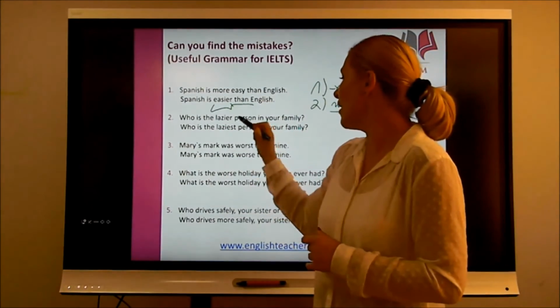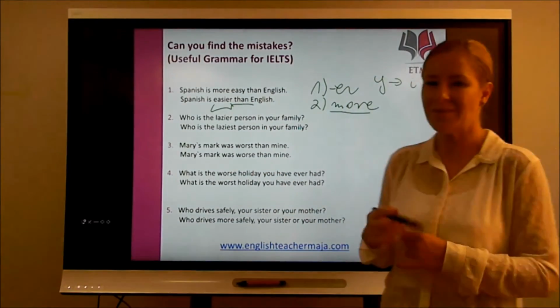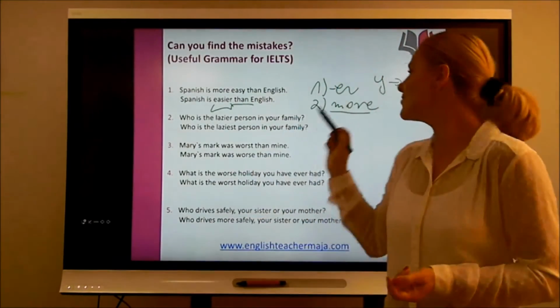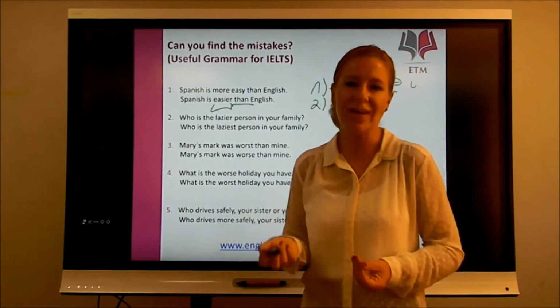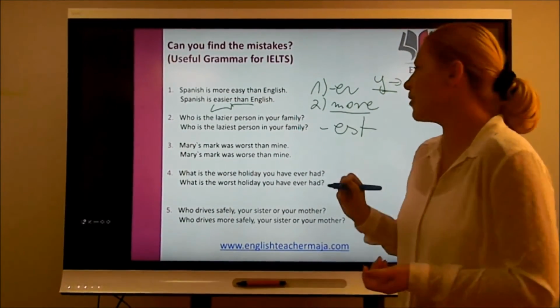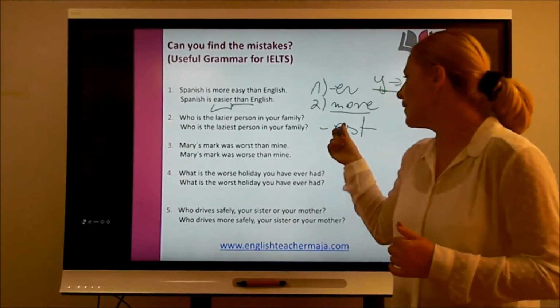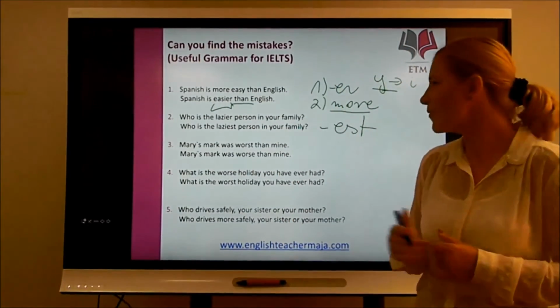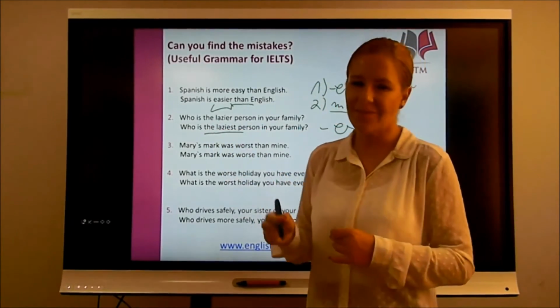Okay, now we have lazy. Lazy belongs to the same group of adjectives, so adjectives which end in Y, and is also a short adjective. So if we want to make the superlative form, we need est. Okay, so the laziest is the correct one.